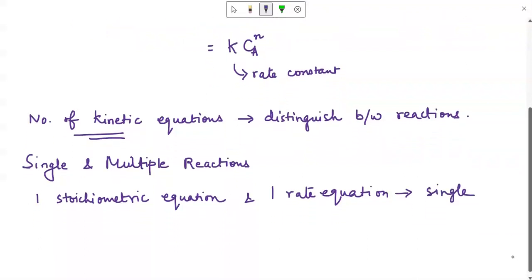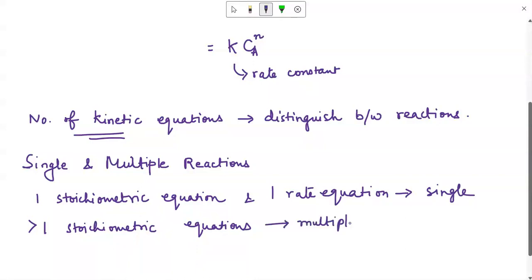If you have more than one stoichiometric equation that will be used to represent the progress of the reaction, then obviously you will have more than one kinetic expression, and that leads to multiple reactions.